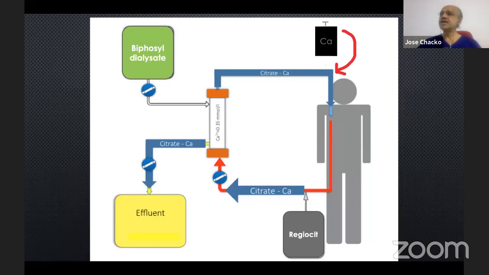So to summarize, we went through the basics of how the circuit works in CRRT, what is convective clearance, what is diffusive clearance, when to start therapy. Early therapy may not be beneficial, and more conventional indications may be appropriate, and even if you start therapy later, it may be appropriate.